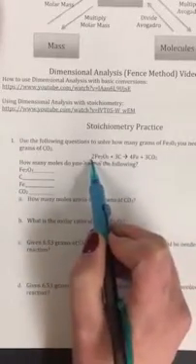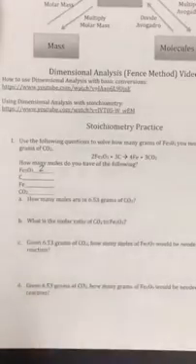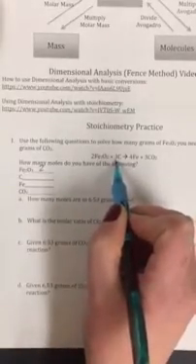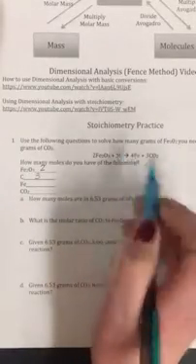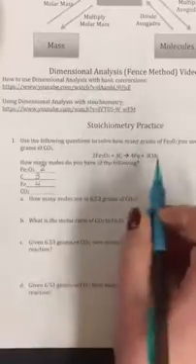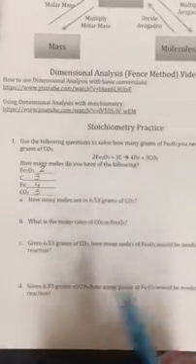The coefficient of iron oxide is 2, so we have 2 moles reacting with the coefficient of carbon, 3 moles of carbon, and that will yield the coefficient of iron, 4 moles of iron, as well as 3 moles of CO2. These numbers come from the coefficients in the balanced chemical equation.